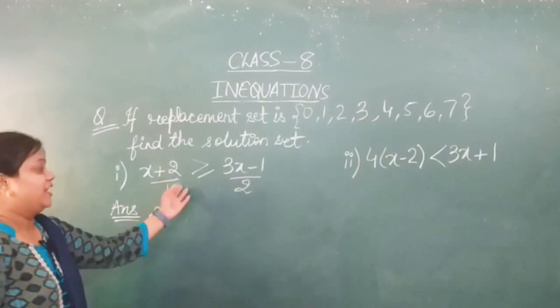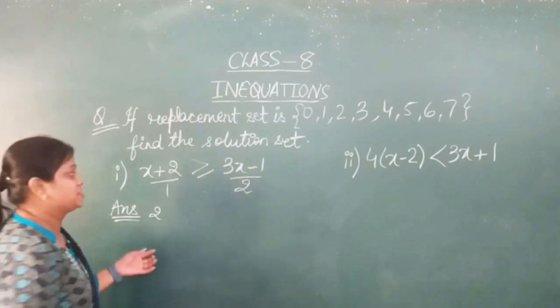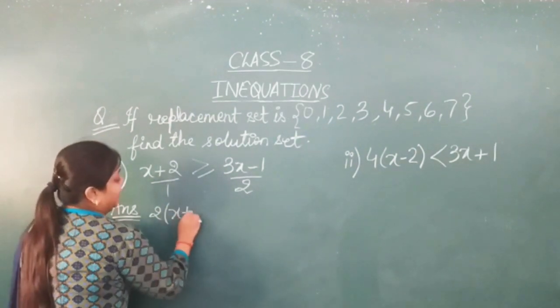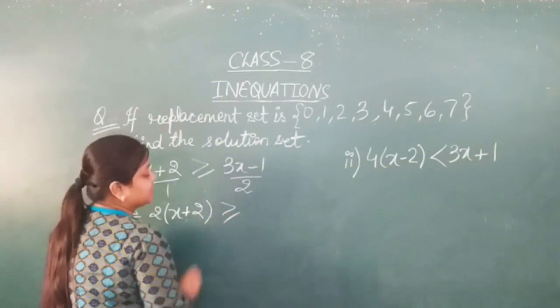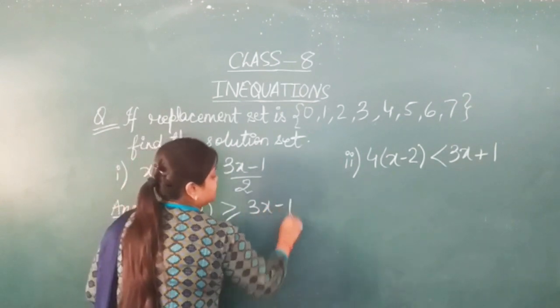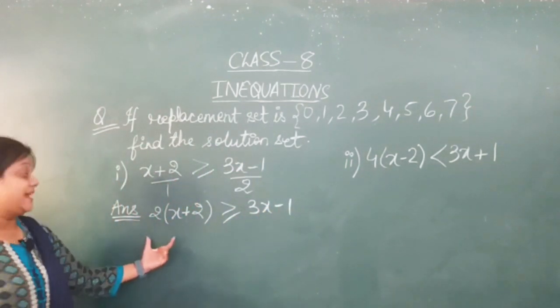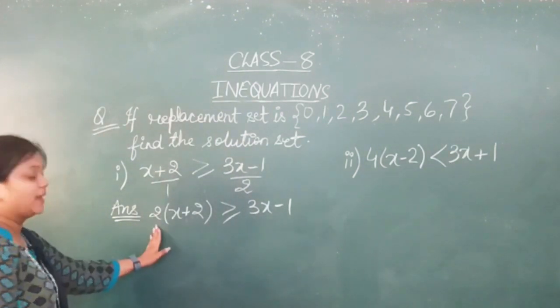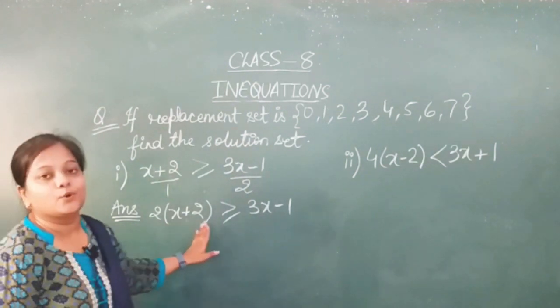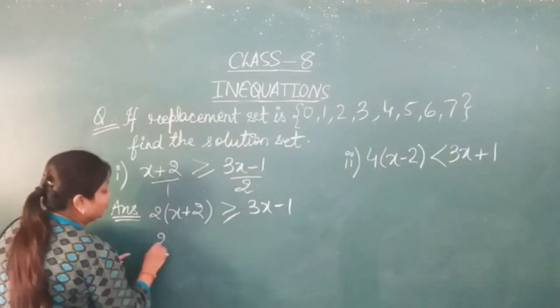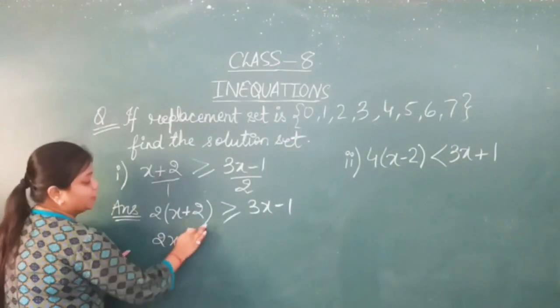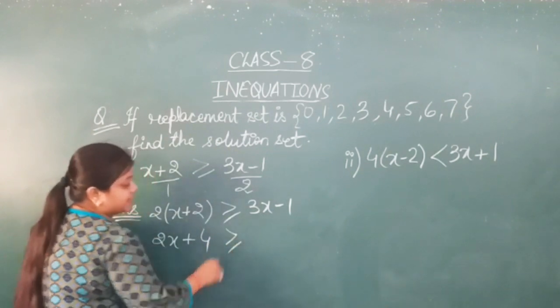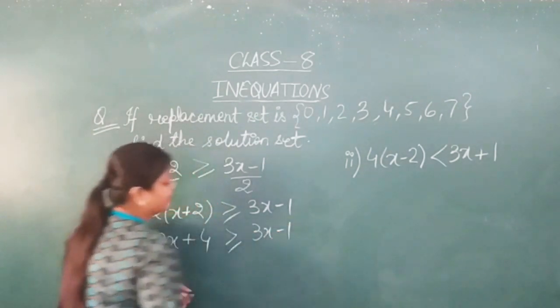For this, we have to do here cross multiplication. So we will write 2 into x plus 2 is greater than or equal to 3x minus 1. Our next step is we have to open this bracket. So we will multiply 2 in each term of this bracket. So 2x plus 2 into 2 is 4 greater than or equal to 3x minus 1.